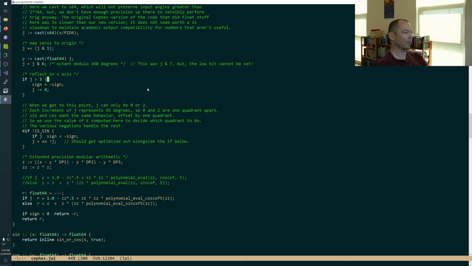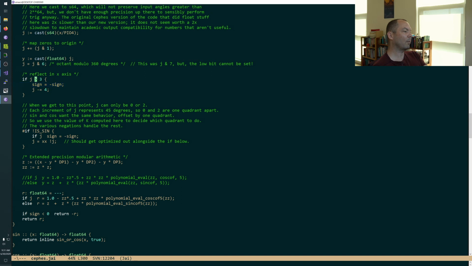And then this is almost just masking off the top bit, right? Like j greater than 3 minus equals 4 just means mask off the top bit. But we also have to do this. But, okay, let's start playing with this now.